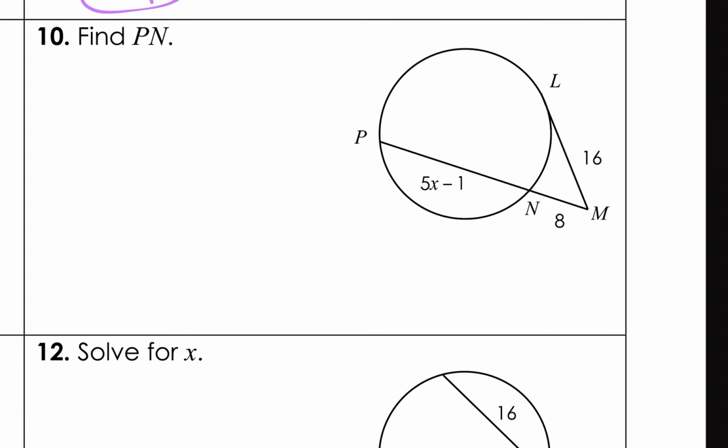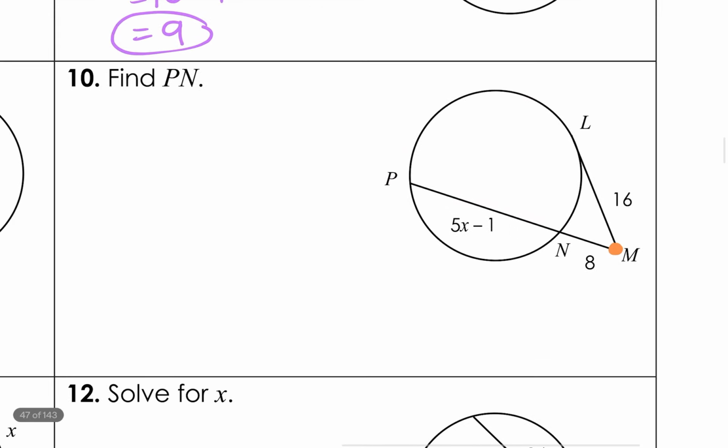Number 10. With number 10, again, we have the intersection outside of the circle, but this time we have a tangent line and a secant line. So if you remember from earlier, what we're going to do is we're going to square this line and equal it to this segment times the entire line.